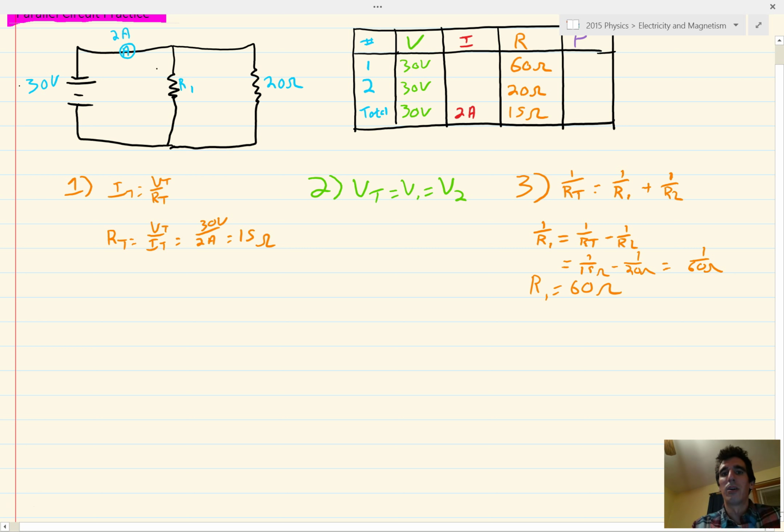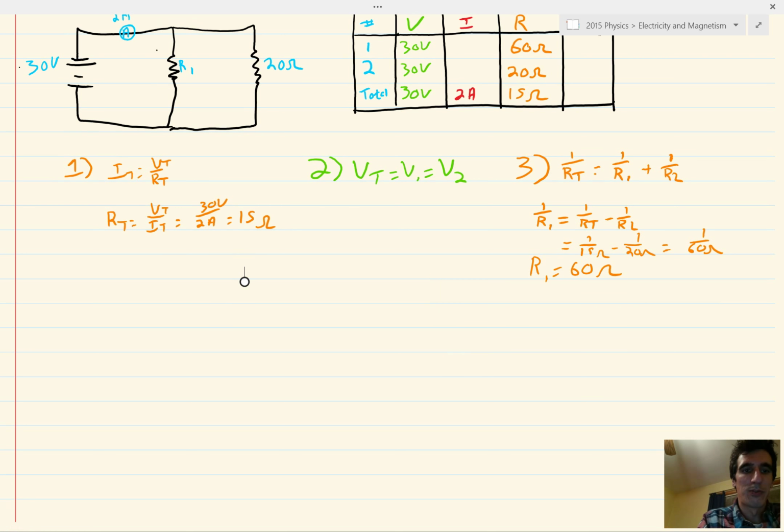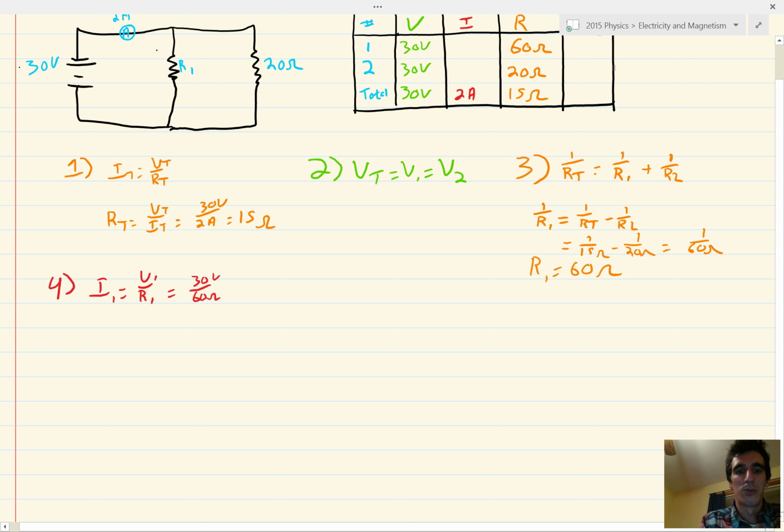Okay, now we know all the voltages, we know all the resistances. Let's find the currents. So step 4, back to Ohm's law. I1 is equal to V1 over R1. That equals 30 volts over 60 ohms, which is 0.5 amps.